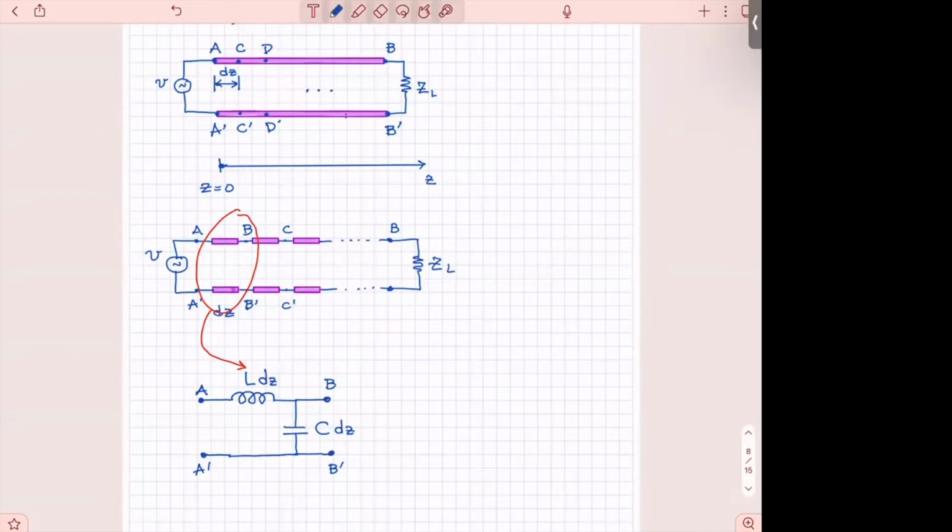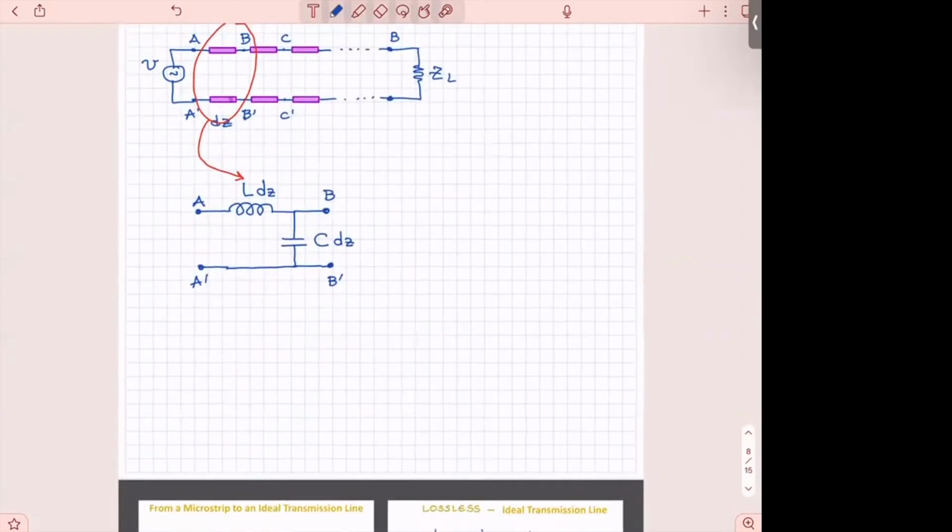This is a transmission line form. It's not exactly a circuit form, only this is circuit form. Now it is in a circuit form. Now if I use this, I can find the voltage at B B prime if I know the voltage at A A prime. Okay? So how am I going to do that?